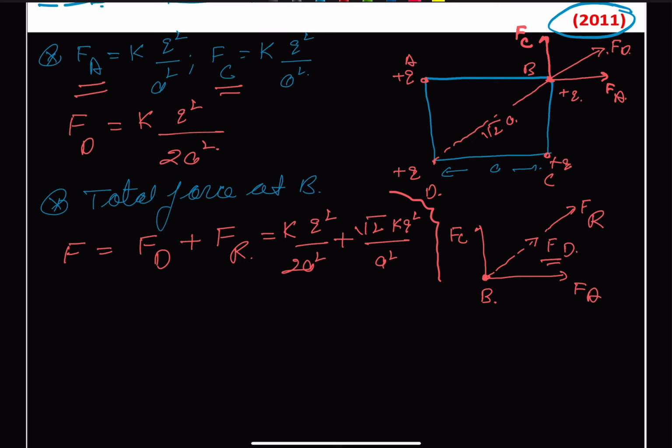So we can write total force F will be equal to Q square upon A square, and this comes as square root of 2 plus 1 by 2.